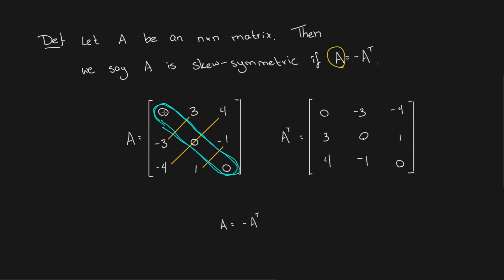Otherwise, if it was something else, like 7, then over here it would be negative 7, right? And I can't change this 7 to a negative 7 by just transposing it. In the transpose, this would have to stay a 7, right? The only number that I can swap signs and have it stay the same is 0. 0 and negative 0 are the same thing. So for a skew symmetric matrix, that main diagonal has to be zeros.